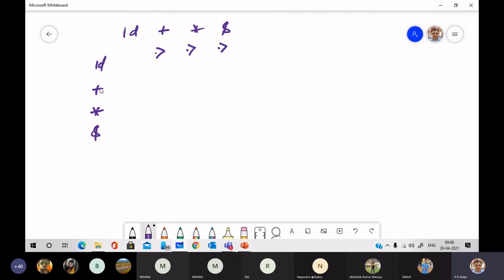You can refer: ID is this, plus and plus, left associative, this; plus and asterisk this; and here we have this. The relation is this, it has higher precedence, and here this. This relation we computed in the last lecture.